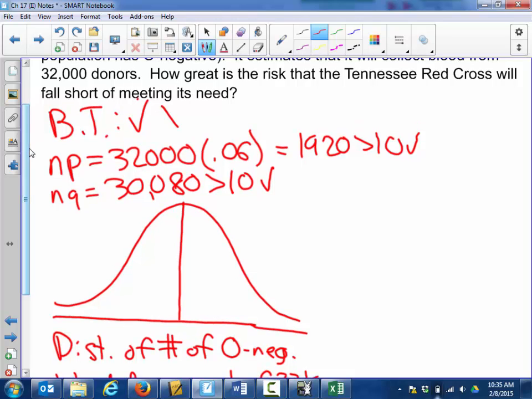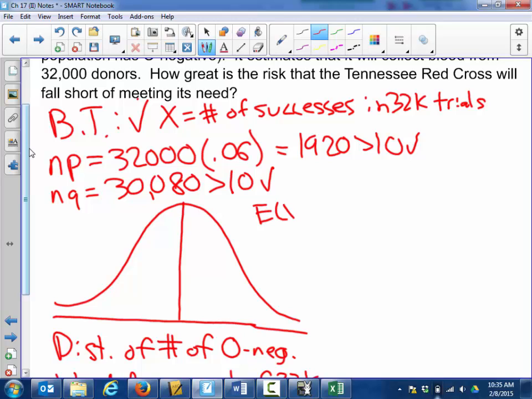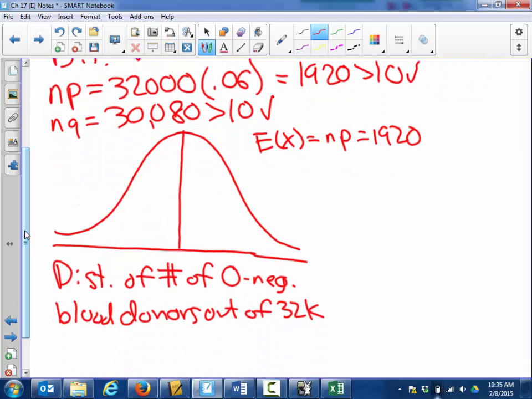Again, the mean for this normal approximation to the binomial model is, I did not define a random variable, so x is equal to the number of successes in 32,000 trials. The mean is just n times p.